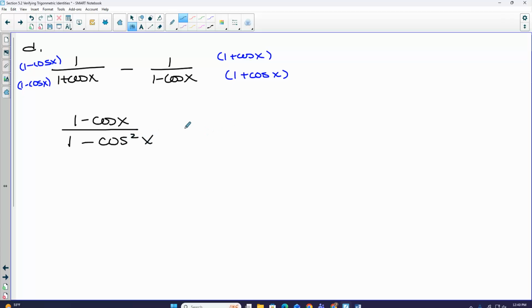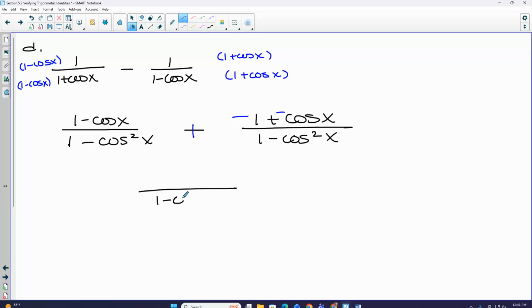Minus cosine squared x. Subtracting, so I can make this plus, distribute the negative. Since my denominators are the same, we can put them together. 1 and -1 cancel. Negative cosine x and negative cosine x will make -2 cosine x.